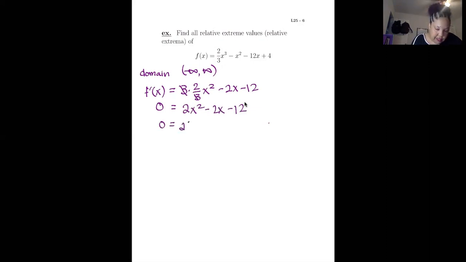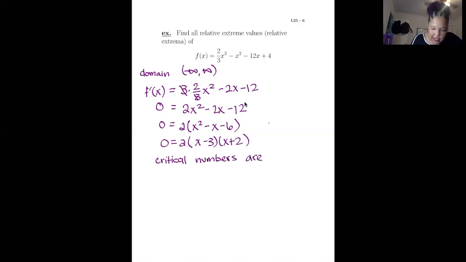And that gives me x squared minus x minus 6, and that factors as x minus 3, x plus 2. So my critical numbers are at x equals 3 and negative 2.